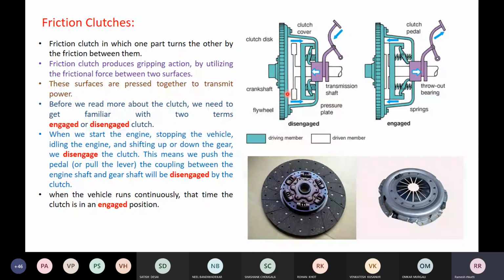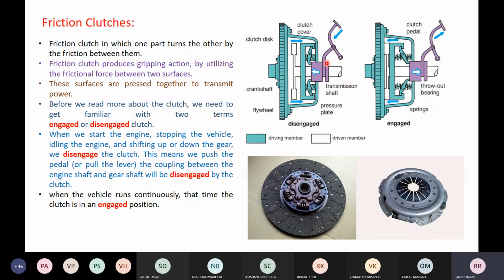Disengaging means the coupling between the engine shaft and the gear shaft will be disengaged by the clutch. In simple language, the engine shaft will be rotating, and because of friction the gear shaft or driven shaft also rotates.